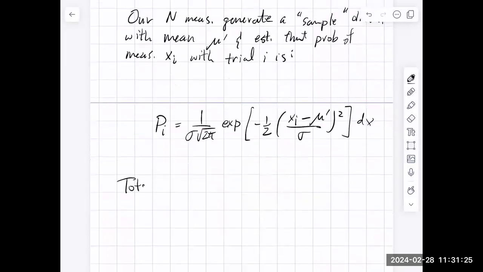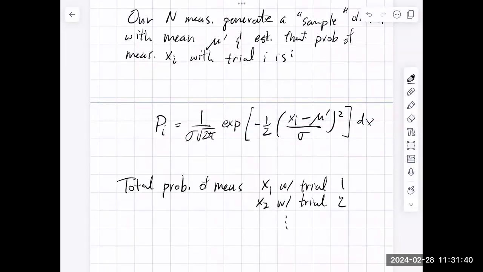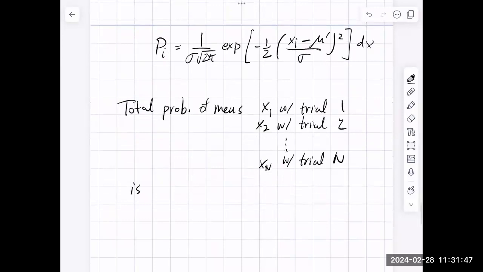So the total probability of measuring x1 with trial 1, x2 with trial 2, xn with trial n is, so p, I'll write it as a p, is a function of mu prime. It's just going to be probability 1 times probability 2 and all the way up to times probability n.